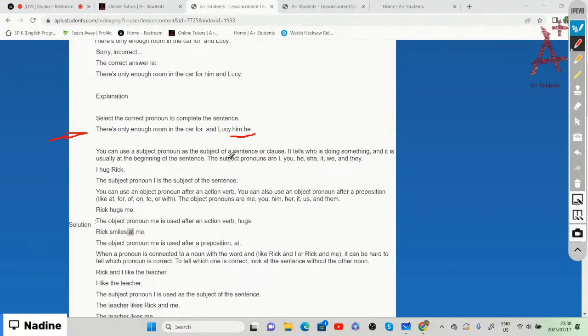So there is only enough room in the car for him and Lucy or for he and Lucy. All right, so if we were to choose the correct pronoun, then we will say there's only enough room in the car for him and Lucy, right? So him being the object pronoun within that sentence, right?